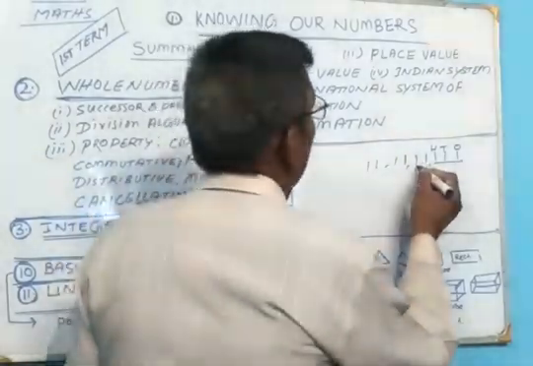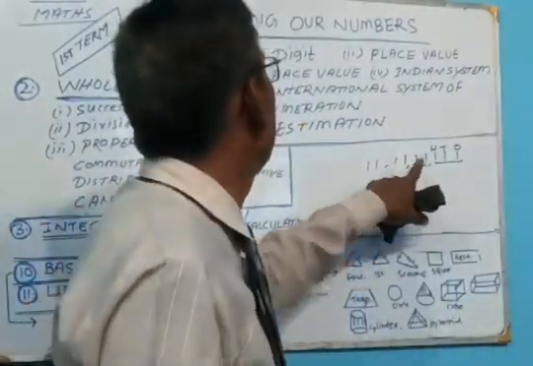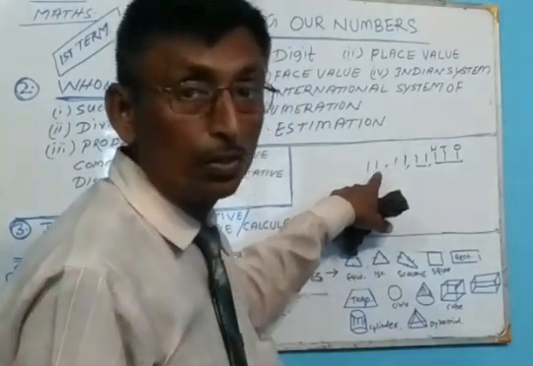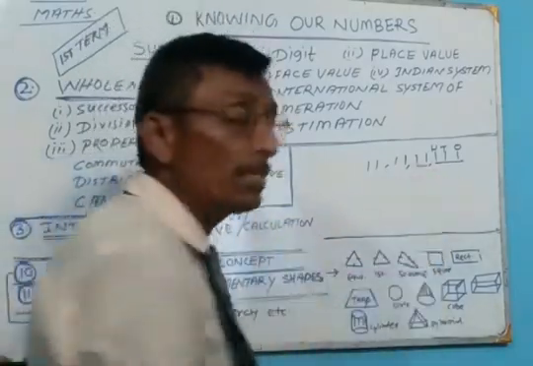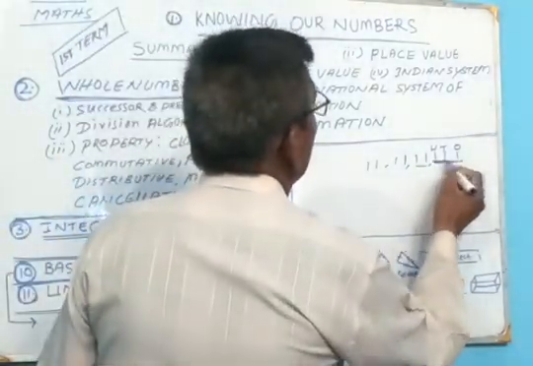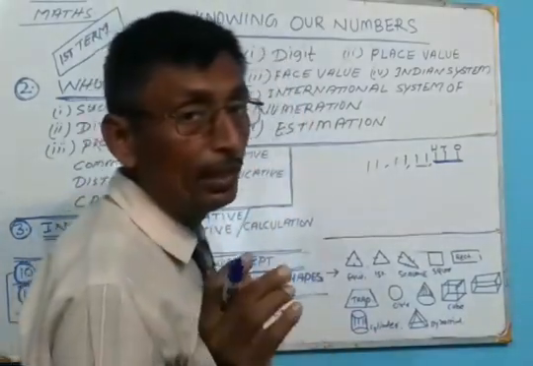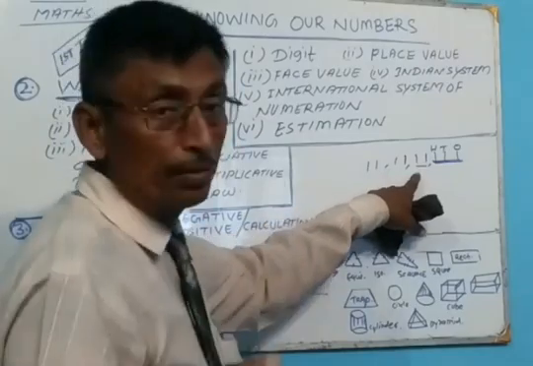And this is thousands, lakhs, crores, etc. In the Indian system, we use commas. First of all, 3 digits, ones, tens and hundreds, and after it we use a comma after every 2 digits.